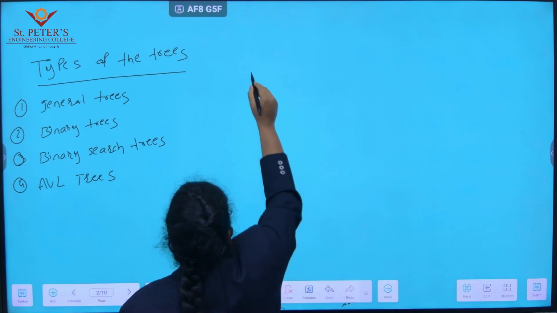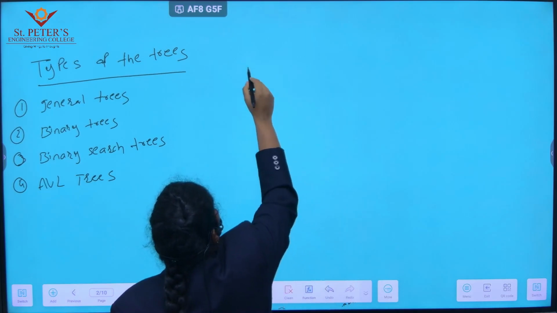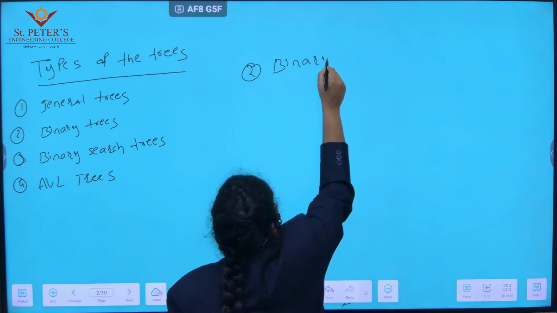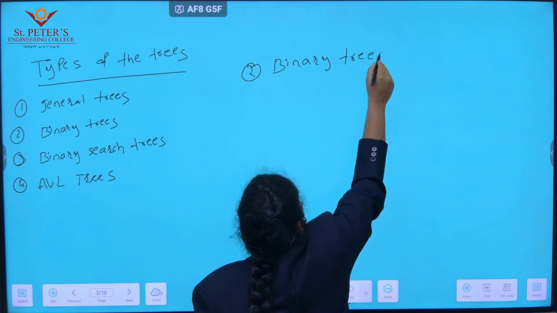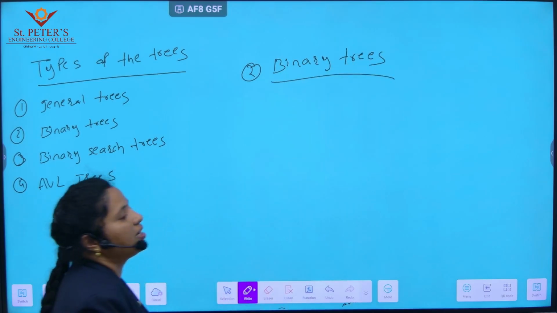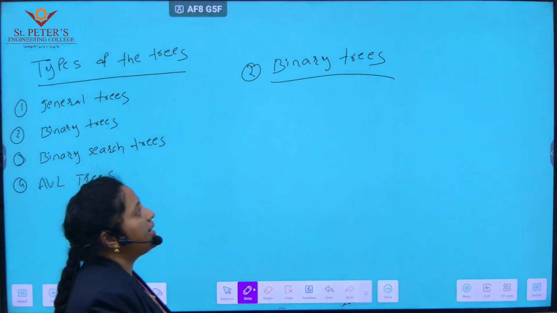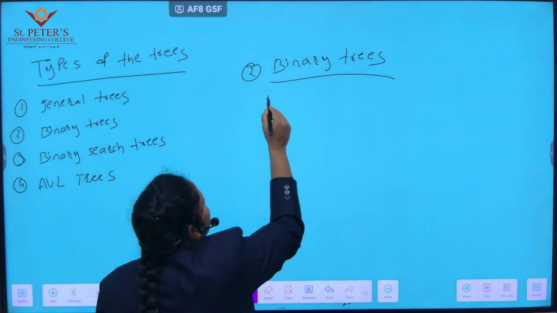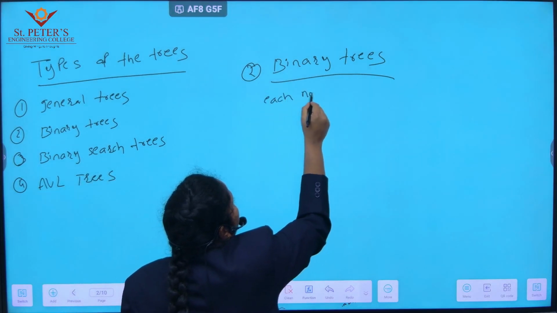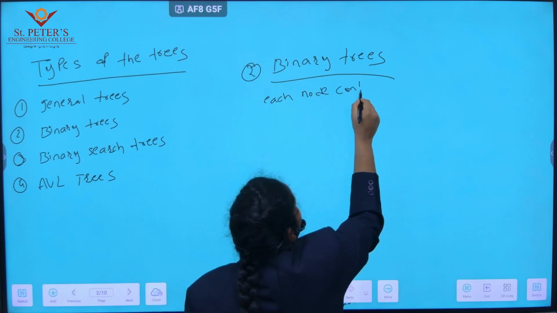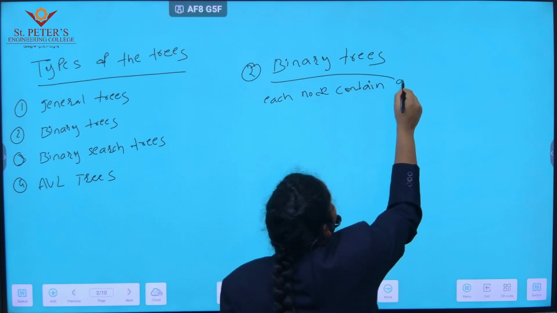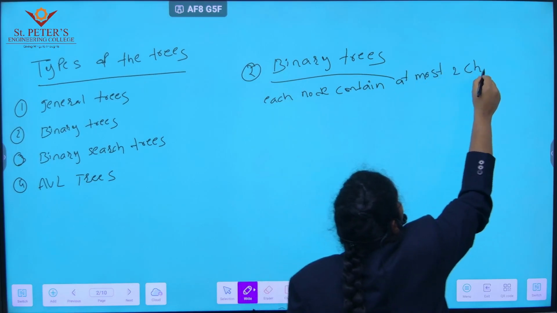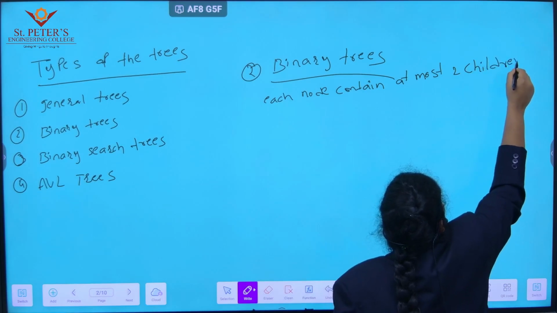And next is binary trees. In a binary tree, each and every node contains at most two children.